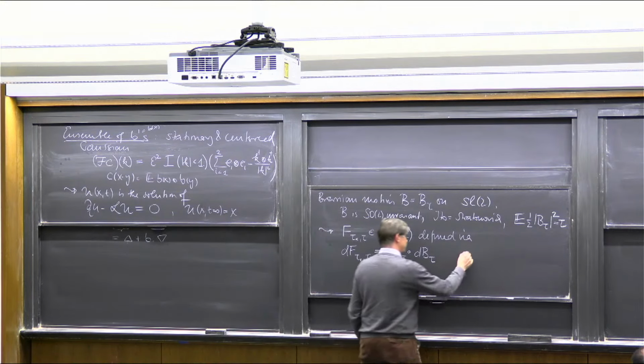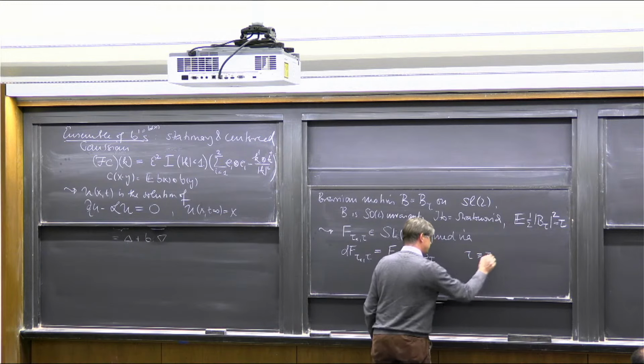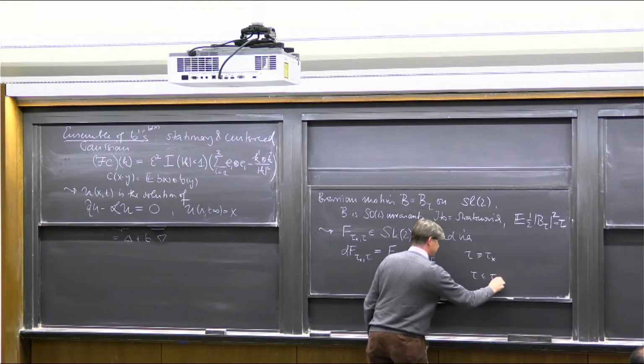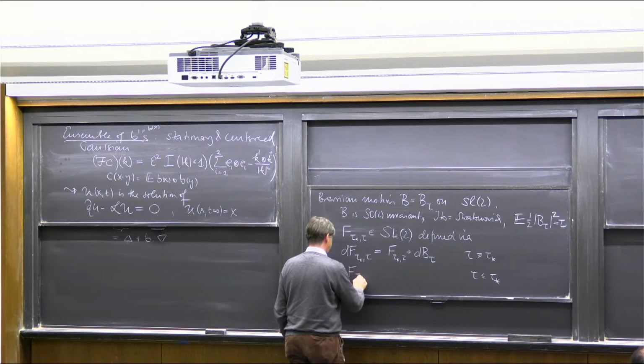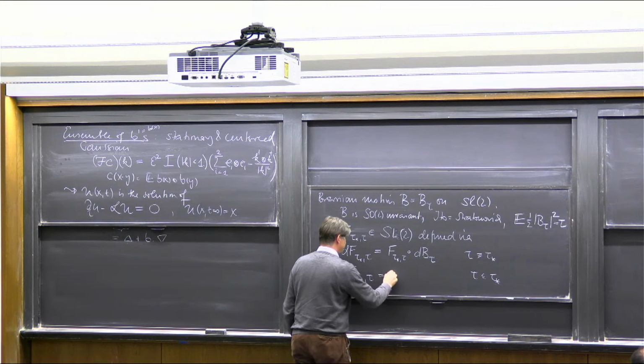This is for tau larger than tau star. And for tau less than tau star, f of tau star, tau is just the identity.